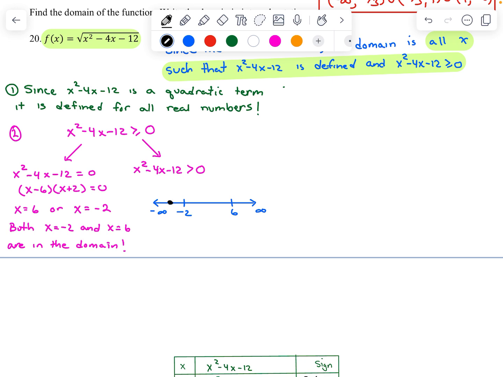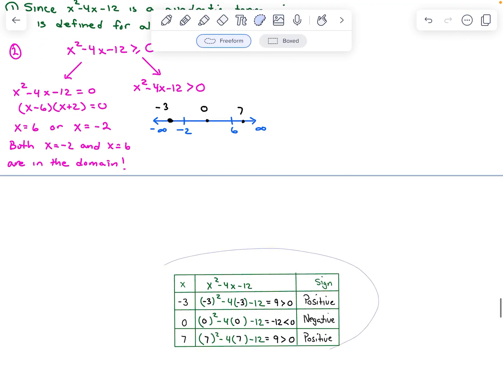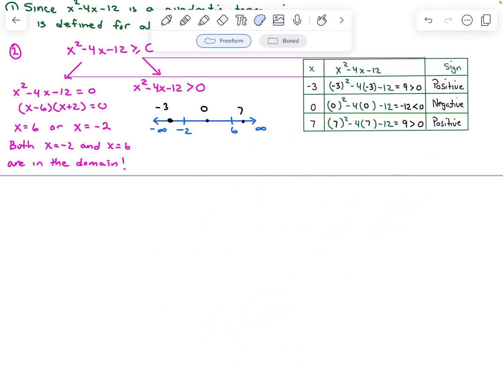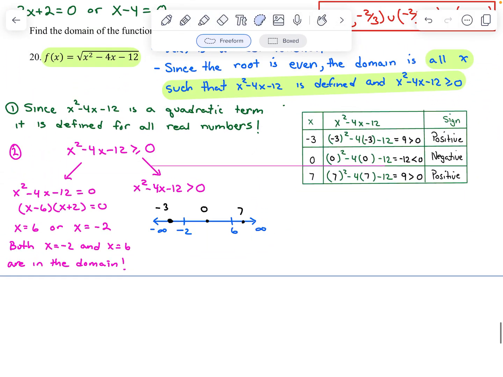I'm going to test one number that's less than negative 2, so let's say negative 3. Then I'm going to test another number between negative 2 and 6, let's say 0. And I'm going to test another number greater than 6. Let's go 7. All right, so I've already gone ahead and done all the testing.